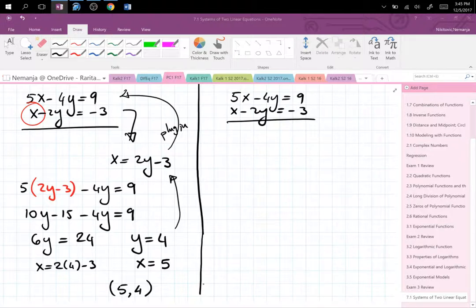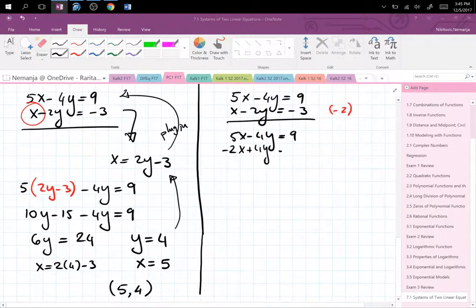So my preferred way for this case is to multiply by negative 2. Observe that I'm copying the first equation, because I'm not working on the first equation, I copy it as is. And the second equation gets negative 2x plus 4y equals positive 6.